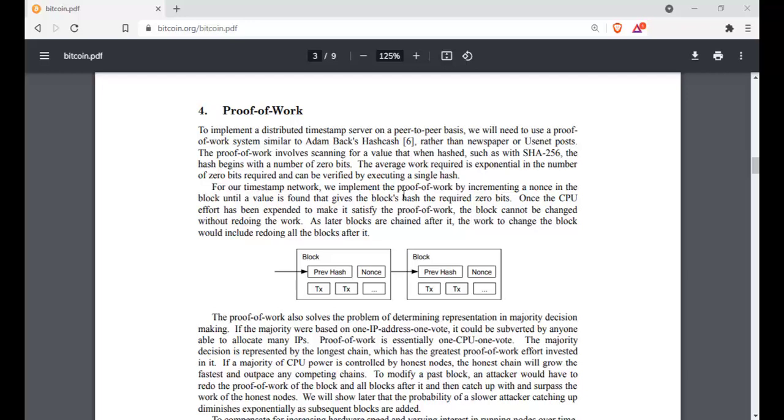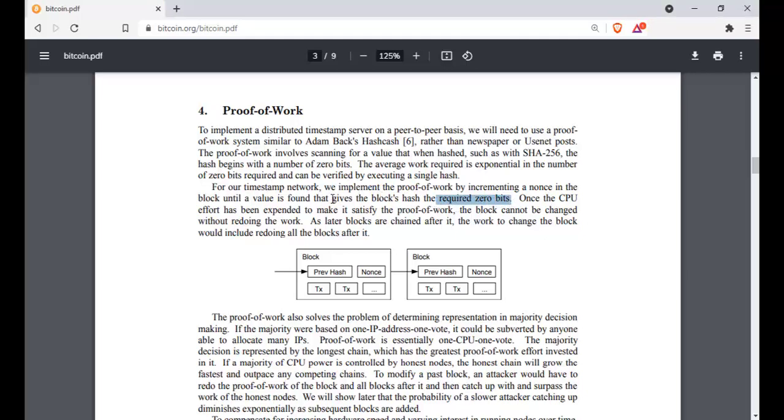Now the Bitcoin blockchain works in a similar way. The transactions will come in the form of the dough, and they would be turned into the bread, which is the hash. The hash will come out as something like 657, but you would see that it doesn't have the required zero bits, which is required for the Bitcoin network.